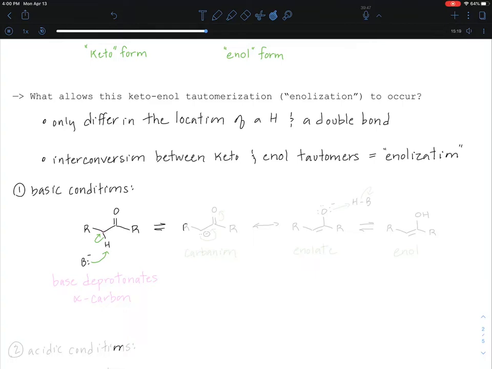And what do you get? We get something called a carbanion. That carbon has got a negative charge. This is a carbanion. But you can imagine that now these electrons can delocalize up into the carbonyl. And we get our other resonance form.